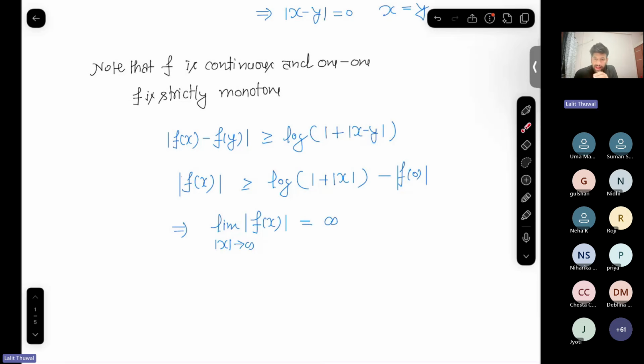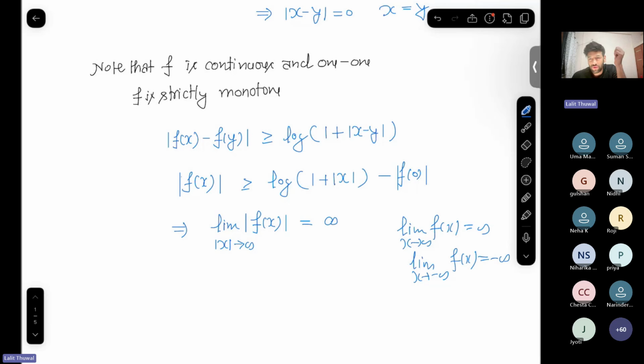But if the limit as x tends to infinity of f(x) is infinity, then the limit as x tends to minus infinity of f(x) will be minus infinity because of the strict monotone, right? Do you understand? It is not possible that both limits are infinity, because the function is strictly monotone and one-one, otherwise it will not be one-one.